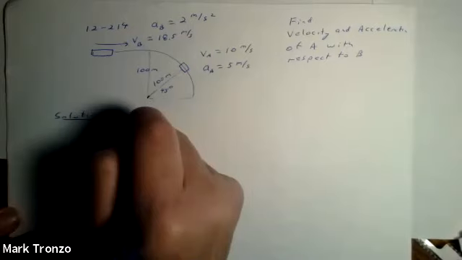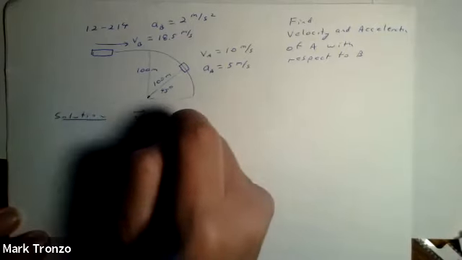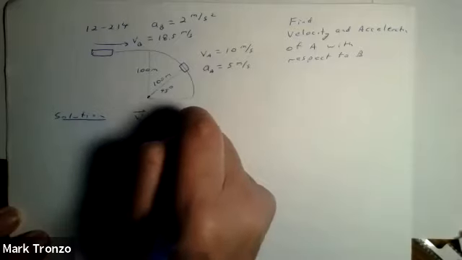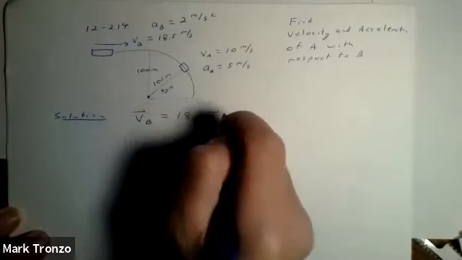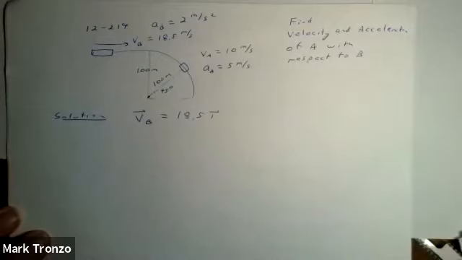So the velocity of B in vector form is just going to be what, 18.5 I. And if you want to put the 0 J, you can.